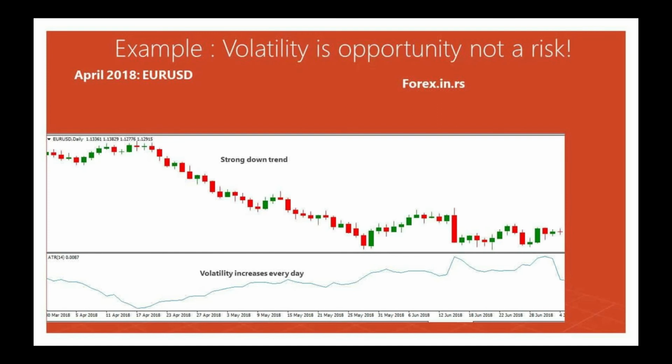You see on the chart that EUR/USD went down. You have increased volatility because everybody starts trading. The market is very, very volatile, and we have a lot of spikes. Somebody is buying, somebody is selling. There is a lot of crazy stuff, but we have a strong movement because of news.